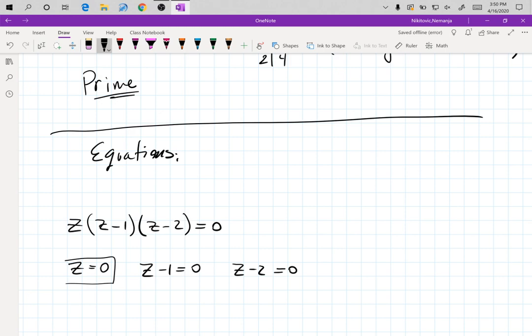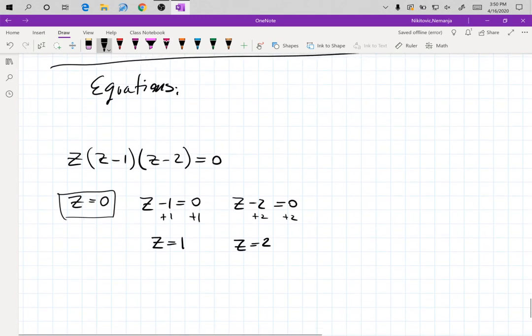This one is already solved. This one needs plus 1. And this one needs plus 2. And I think that's it. Yep, we have our 3 solutions.